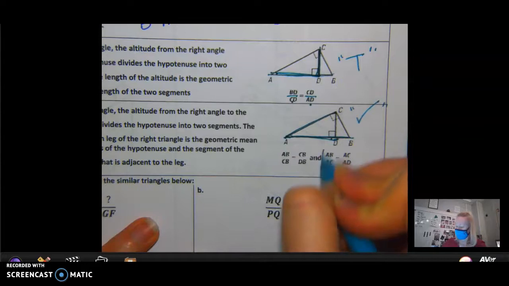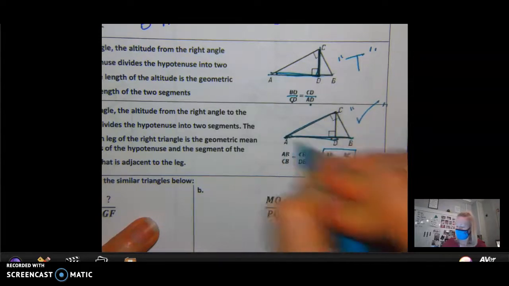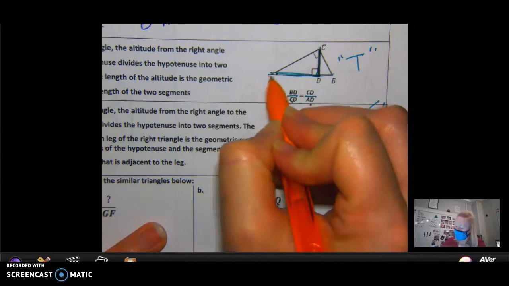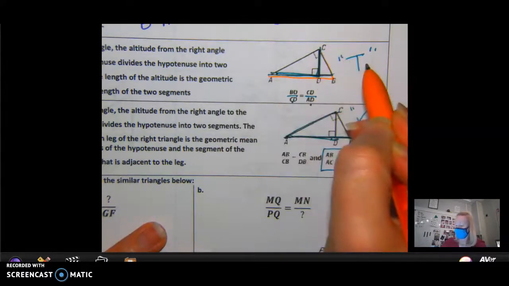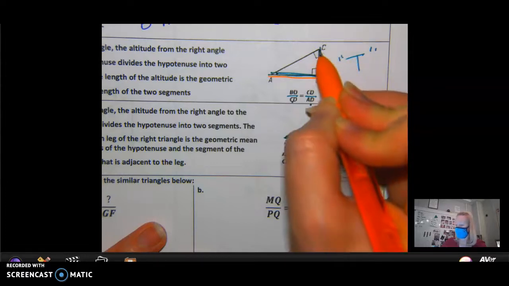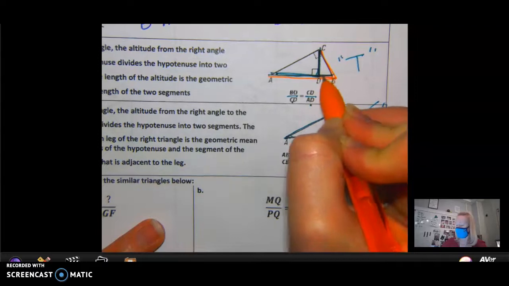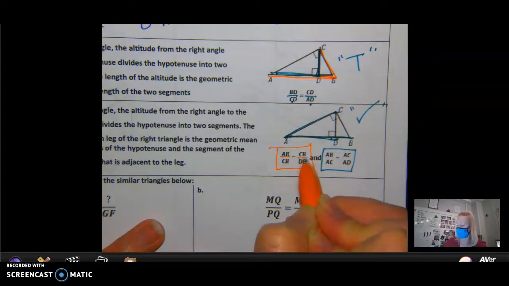That is this guy right here. Or I can go the other way. AB, long side, over CB, small side, equals long side of my small triangle over small side of my small triangle. So AB over CB equals CB over DB.